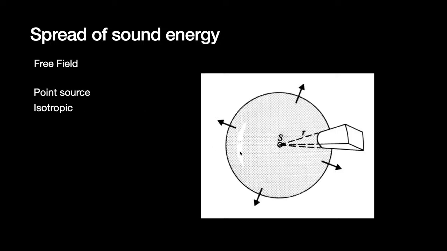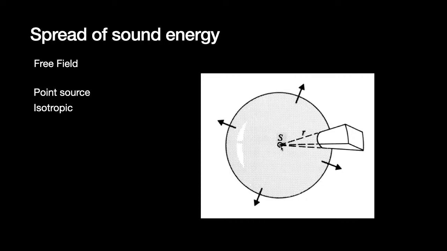All it means over here is the speed of sound is the same in all directions. So if you have a point source and an isotropic medium, then you can see that the sound spreads out in the form of spherical wavefronts surrounding the point source equally in all possible directions.